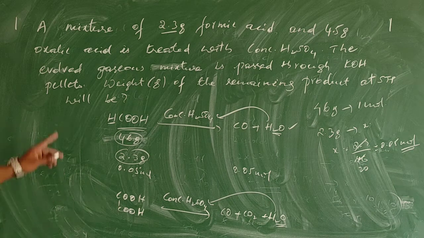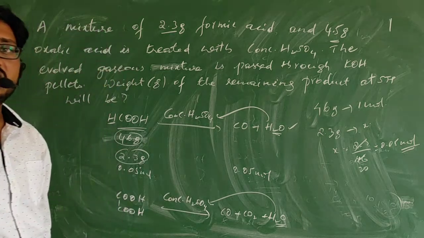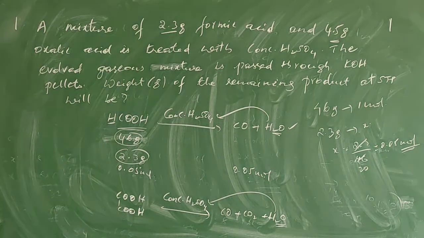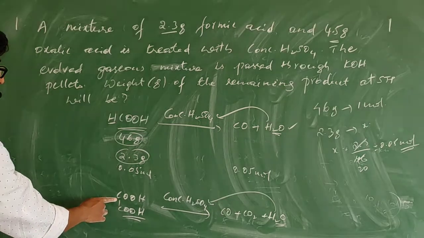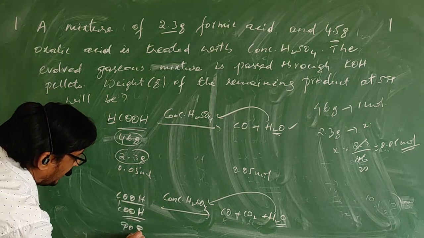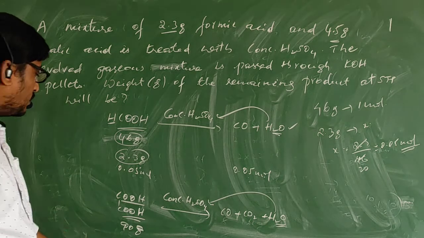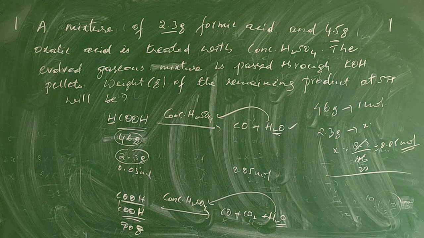So what is the amount of oxalic acid given in the question? 4.5 grams. Let us see how many moles it represents. What is the molar mass of oxalic acid? Each COOH is 45, so total it will be 90 grams.